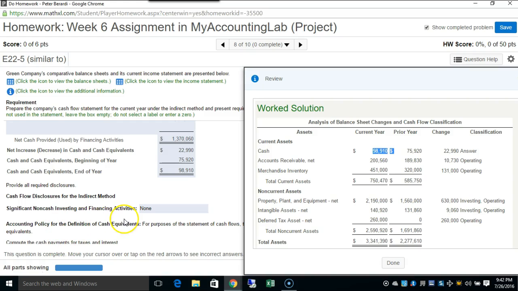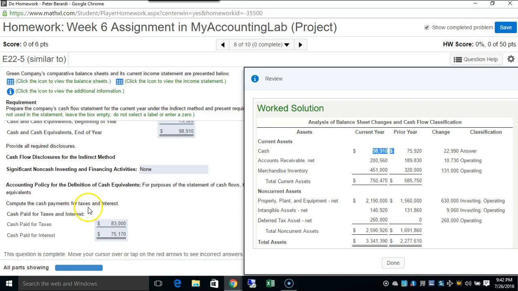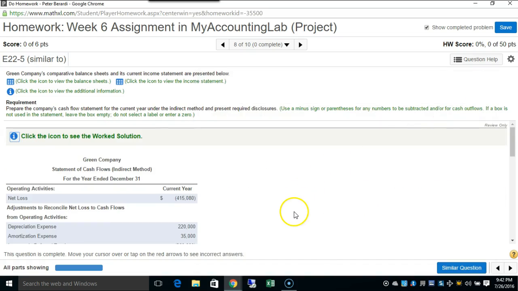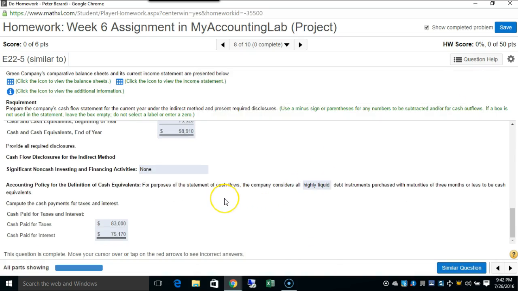Disclosures for the indirect method. Significant non-cash investing and financing activities, none. Accounting policy for the definition of equivalence for purposes of the statement of cash flow: the company considers all highly liquid debt instruments purchased with maturities of 3 months or less to be cash equivalents. Cash paid for taxes and interest.